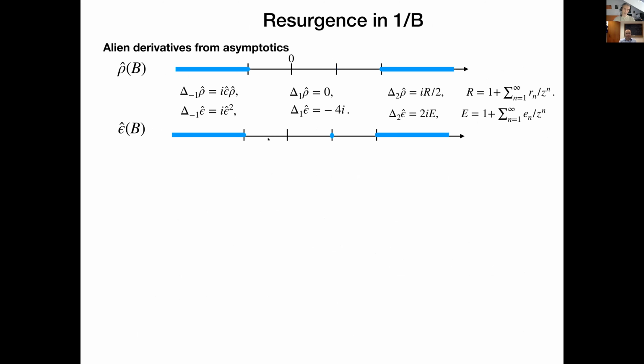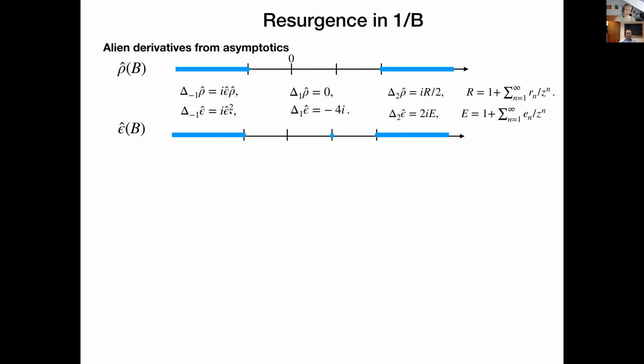Because we have more coefficients in this rho and epsilon, we analyzed the asymptotics and calculated these alien derivatives for rho and epsilon. And here we observed something quite incredible. We don't know the origin, but the alien derivative of this rho and epsilon can be expressed in terms of this epsilon and rho.